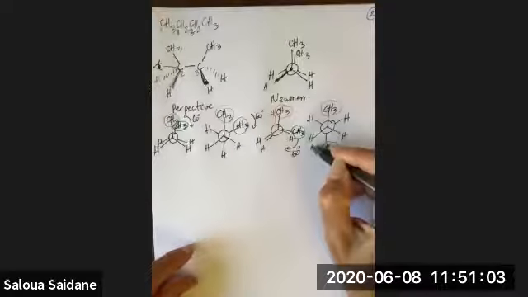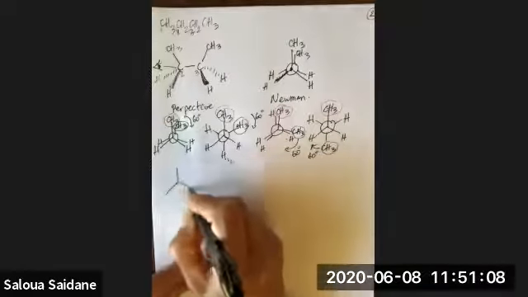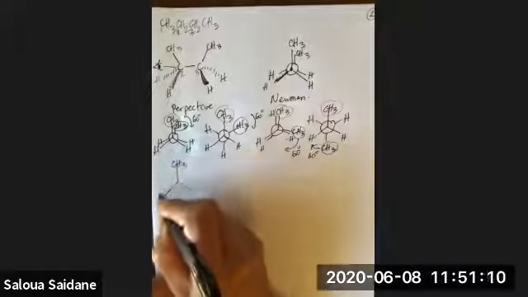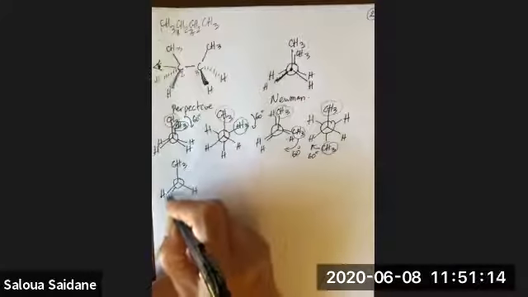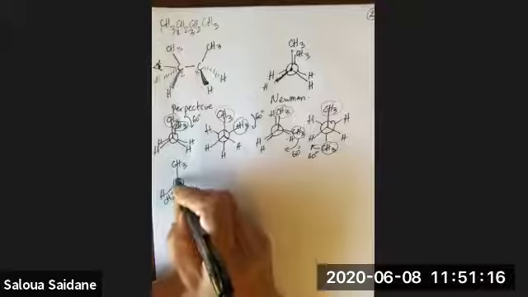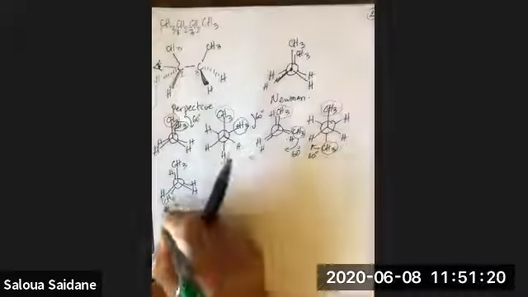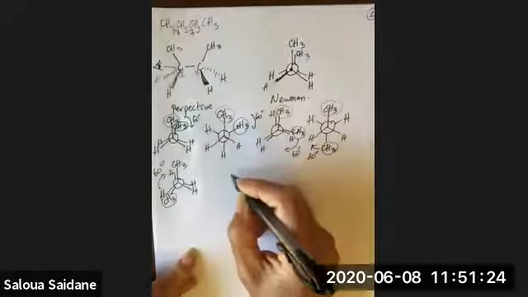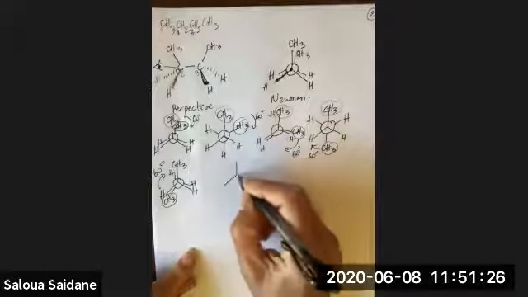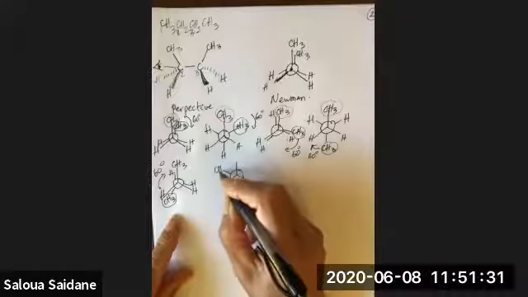Now I rotate 60 degrees later. What do I get? I get this. The front is still the same, but the back CH3 is now in this position, and it's eclipsed. Now another 60 degrees later, we get a staggered one. So CH3 is here.